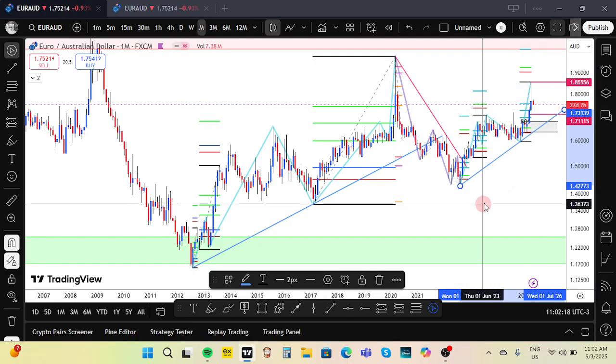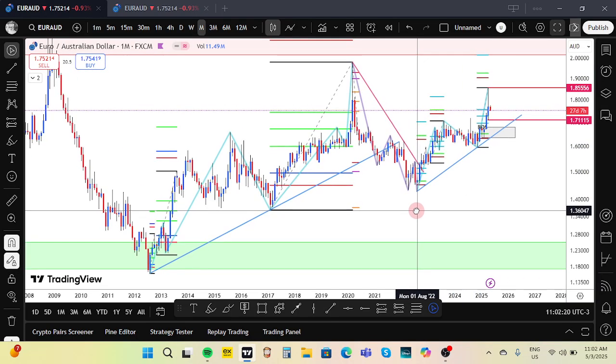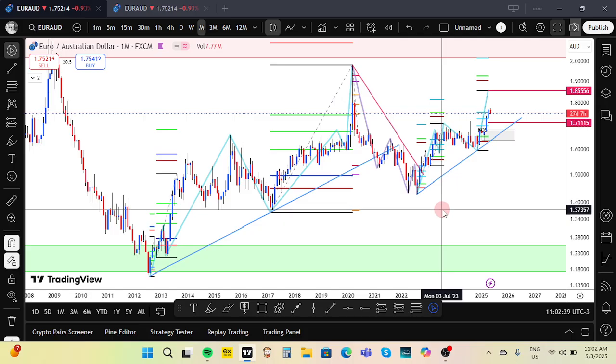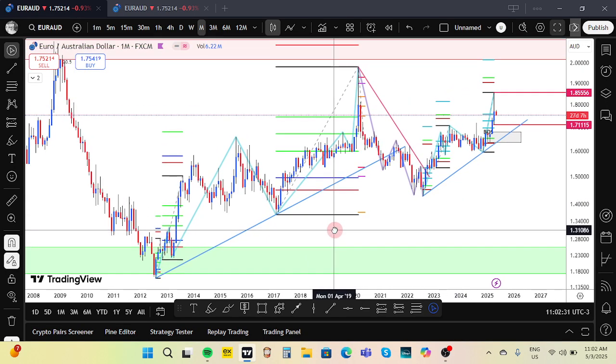But the point is that extensions are longer than retracements. Impulse legs are longer than correction legs. So for me, I'll be looking to buy the extension leg instead of selling the retracement leg.